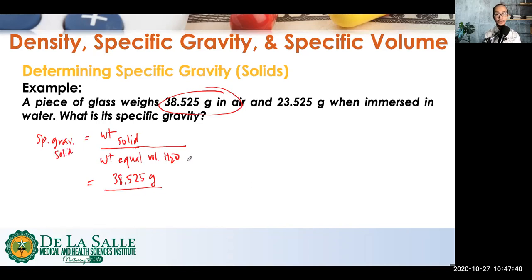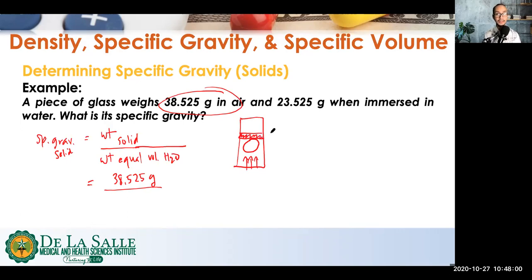Okay, now where do we get the weight of an equal volume of water? Just like in the plummet method, when we immerse any object in a particular liquid, it will suffer an apparent loss in weight that is equal to the weight of the displaced liquid. Okay?